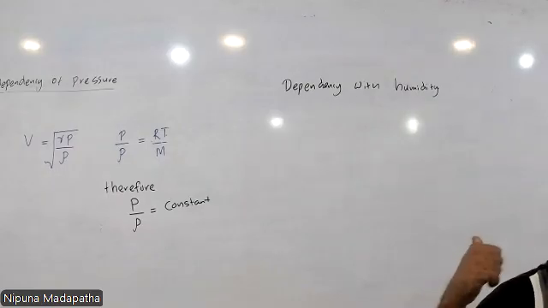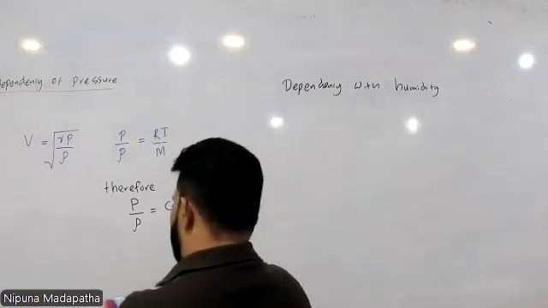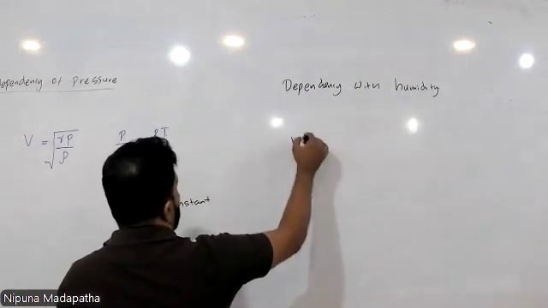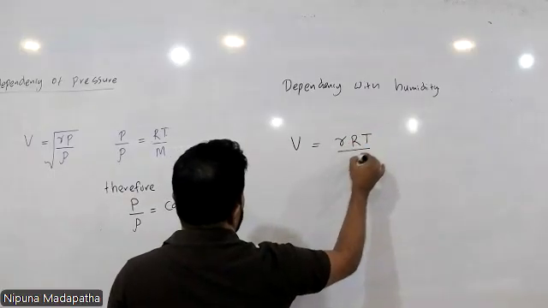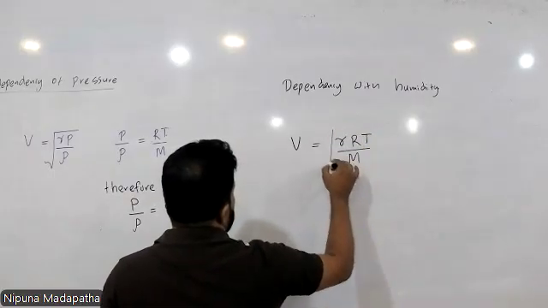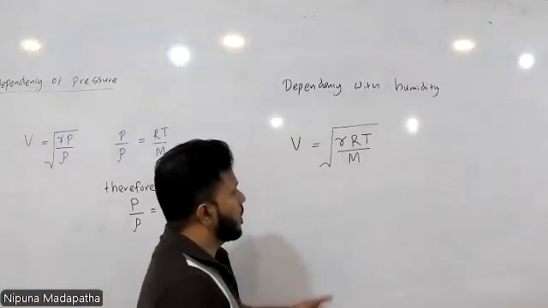So how does it affect the speed of sound in air? How does the moisture content in air affect the speed of sound in air? V equals the square root of gamma RT over M. So what does humidity affect?